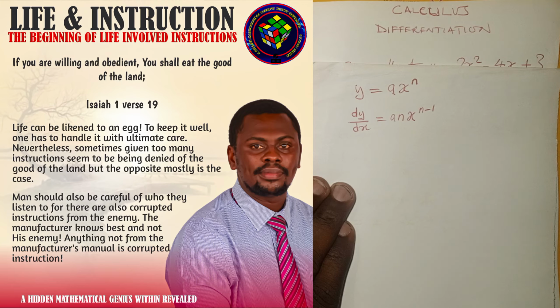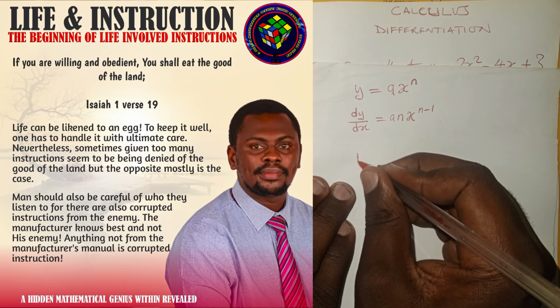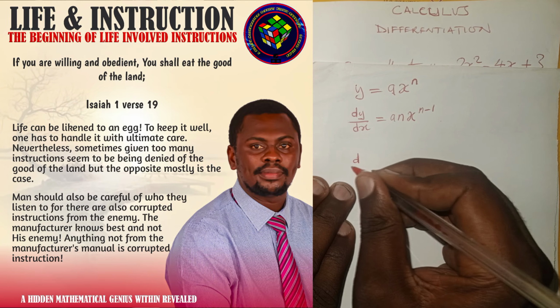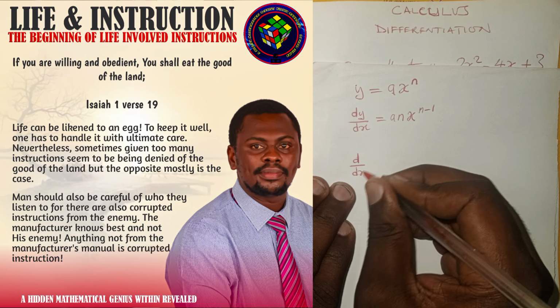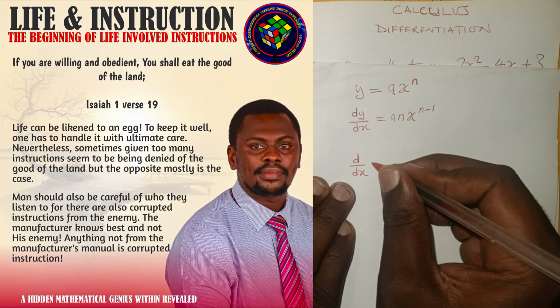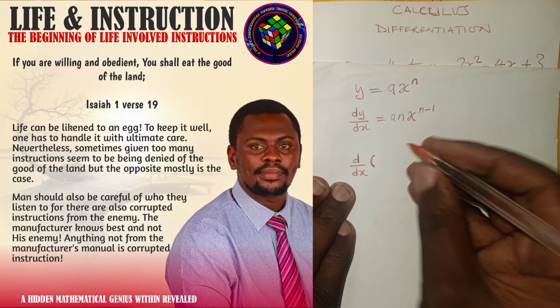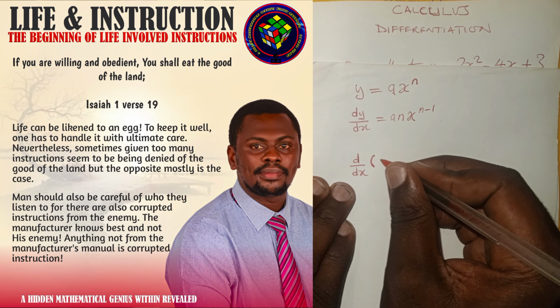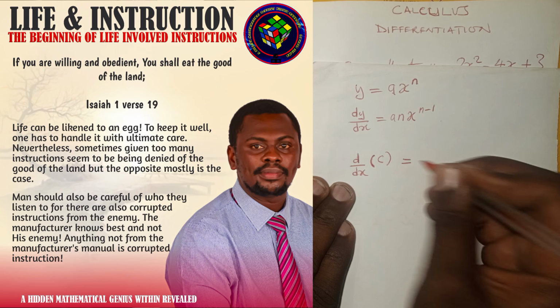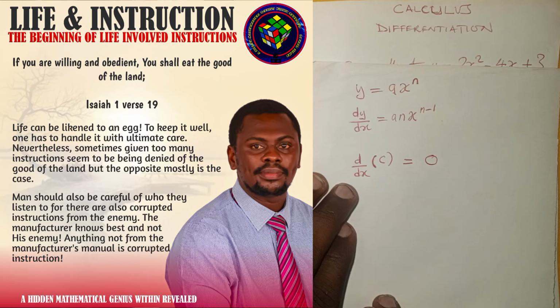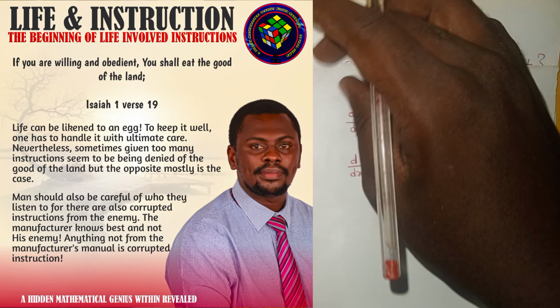So this is how you perform differentiation. Then the other thing which you need to understand is the derivative of a constant number, meaning the term which has no variable or has no x. So if we have the derivative of a constant number, let's say c, this is equal to 0. Okay, let's go to the questions.